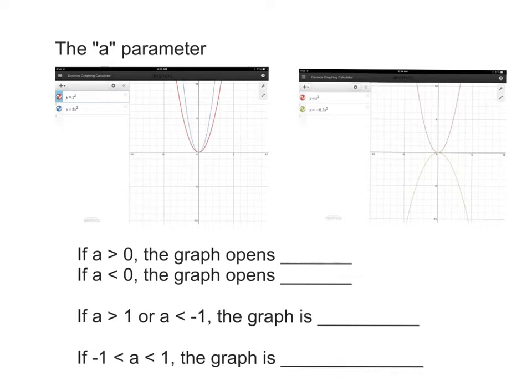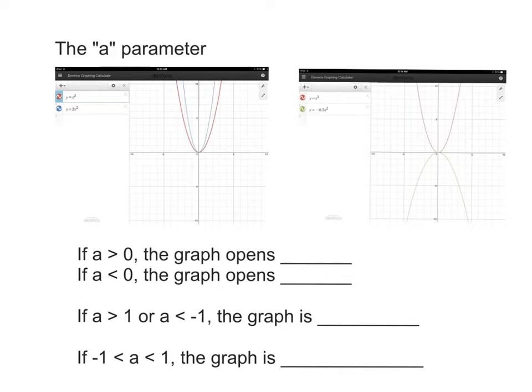So that made the graph narrower. And like I was saying, if you put a bigger number than 2 in front of the x squared, it just makes it more and more narrow. The bigger the number, the more narrow it is. If you put in a number that's between 0 and 1, so like 1/2 or 1/4 or 0.3, something like that, then it's going to make it wider.